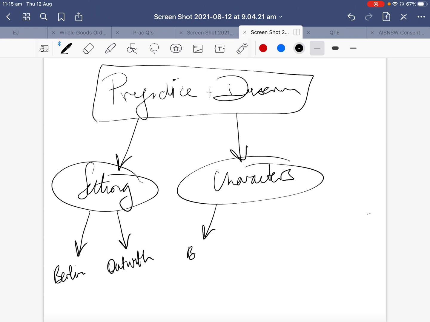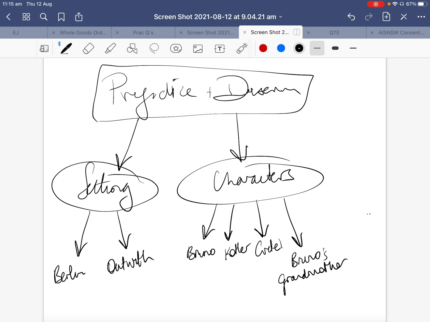We've got Bruno. We've got Kotler. We've got Gretel. Bruno's grandmother. Schmuel and Pavel.